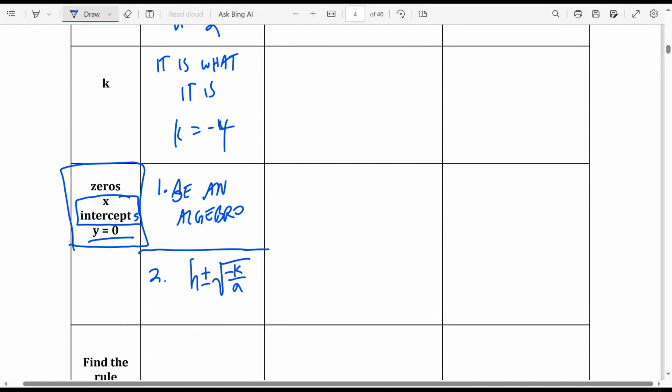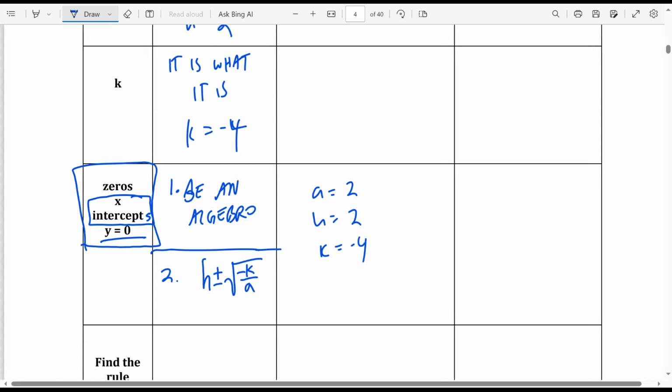What if the k is already negative? It would become positive, yeah. In fact, in this example here, you make a good point. If I had, I'm going to erase this here, but a was 2, h was 2, and k is negative 4, that would be plugged in as 2 plus or minus the square root of negative negative 4, so we could just say positive 4, divided by 2.